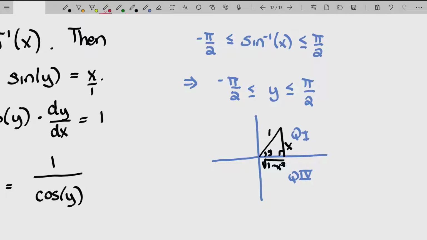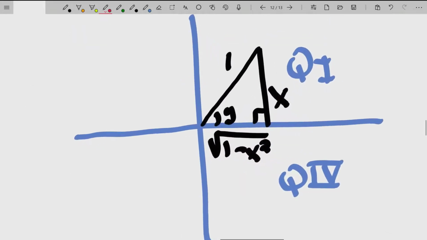What would be disastrous is if we wrote the triangle over here. If we did that, it would be a negative square root of 1 minus x squared. But luckily, sine inverse of x does not return an angle in quadrants 2 or 3. It only returns in quadrants 1 and 4. So that horizontal side will always be positive.